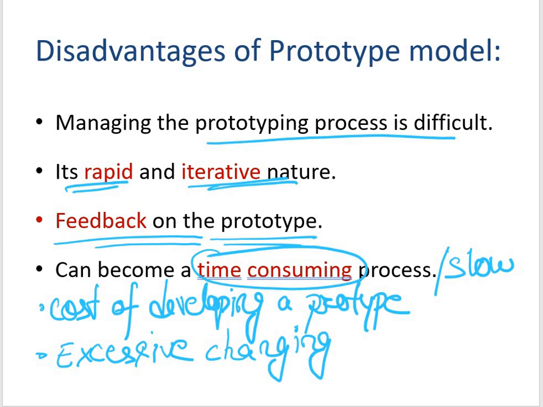That means we may come across a situation where my customer may not be willing to participate in the iteration cycle for a longer duration. So once again, I may not get the feedback, and once again I may come up with a faulty prototype, or if not faulty, then a prototype with which my end customer is not happy. In some cases, there may be far too many variations in software requirements each time the prototype is evaluated by the customer.